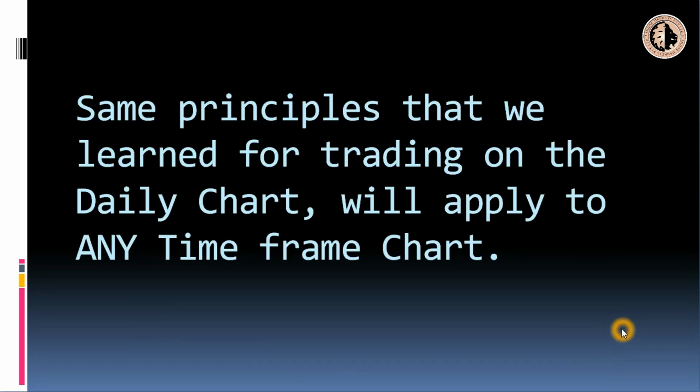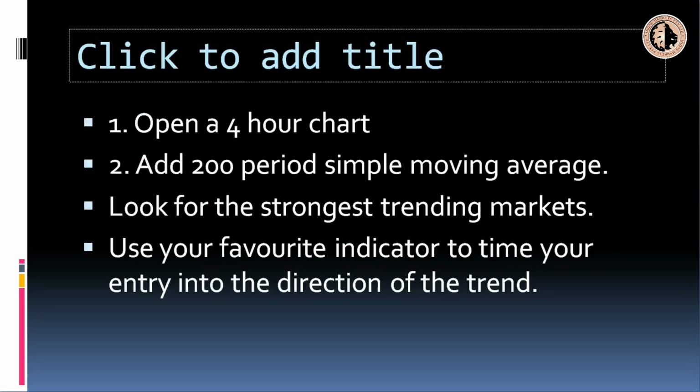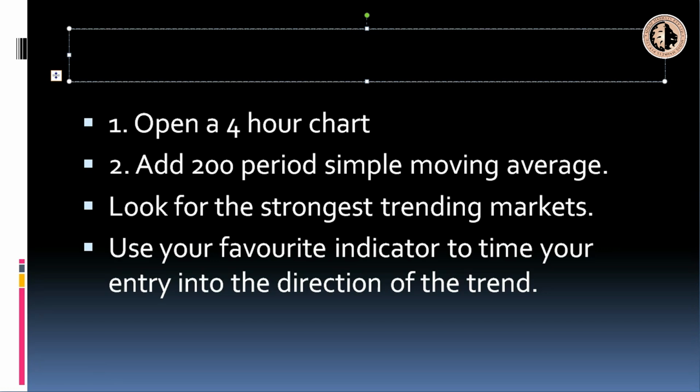Now, the same principles that we learned for trading on the daily chart will apply to any time frame chart. Whilst we are looking at the daily chart, the daily chart gives us a good sampling to determine our trend. You'll probably find that the same principle will work on any time frame that you choose to work with. Say for instance, we look at a 4 hour chart.